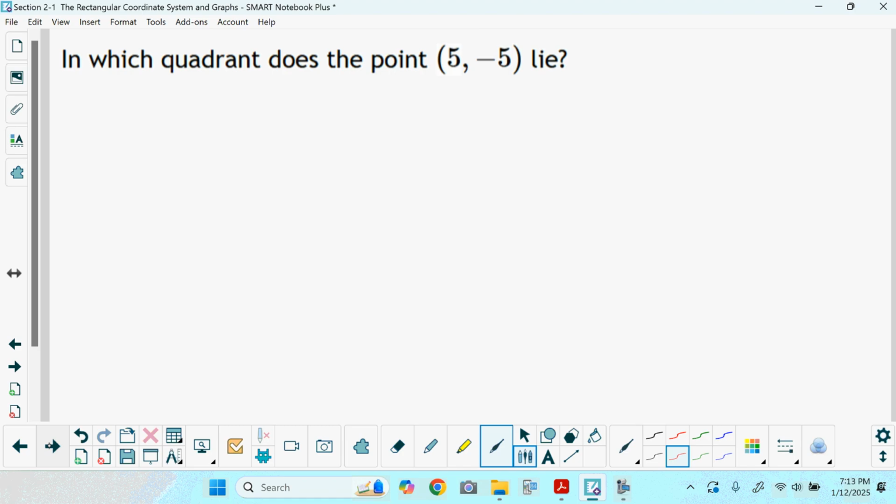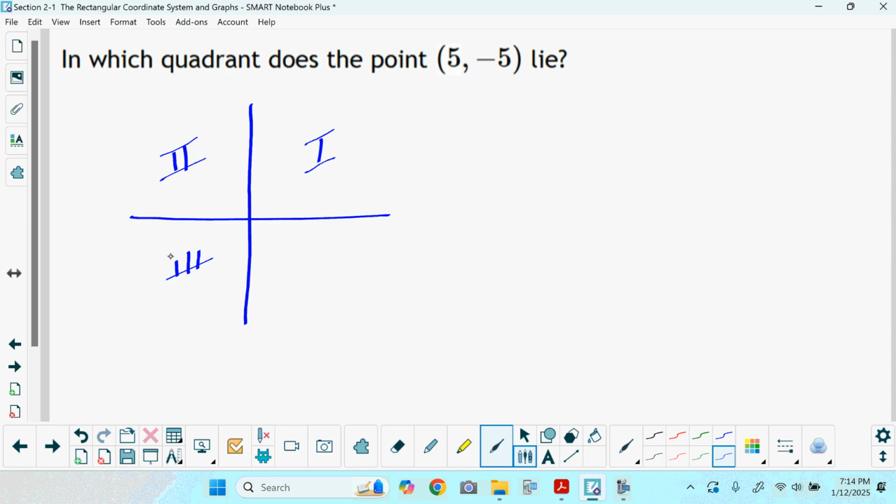In what quadrant does 5, -5 lie? Well, let's look at the quadrants. The Cartesian plane has quadrants labeled 1, 2, 3, and 4.